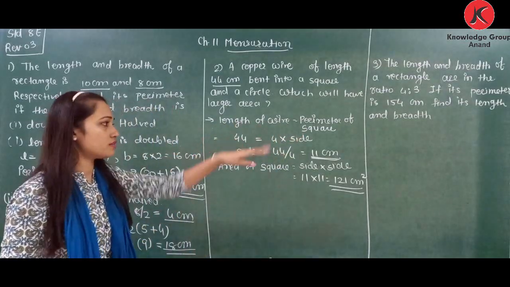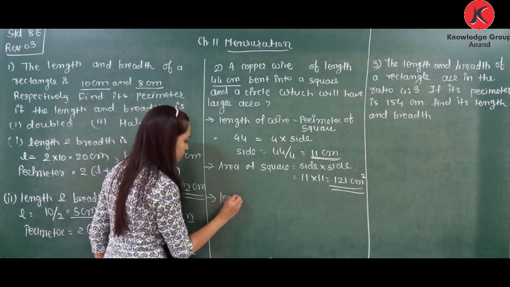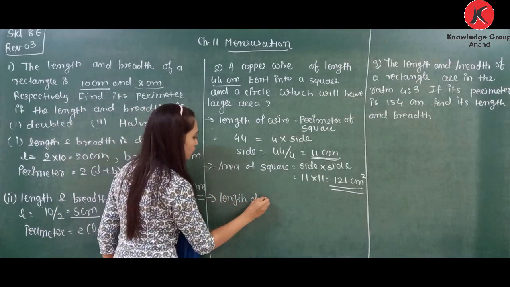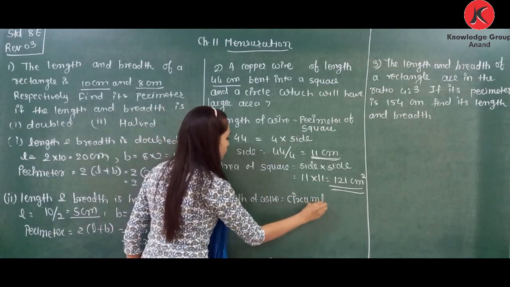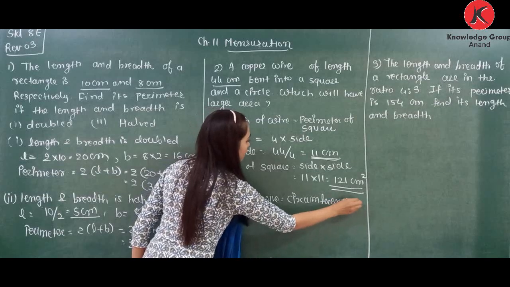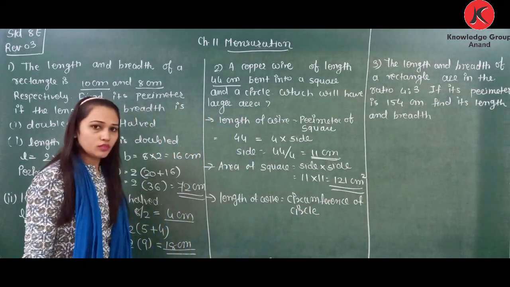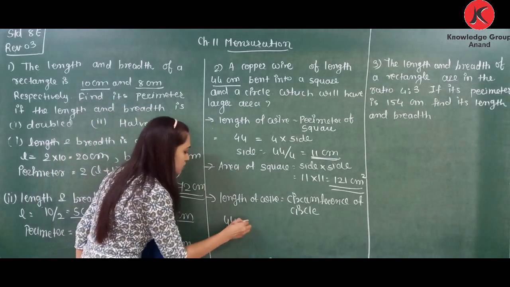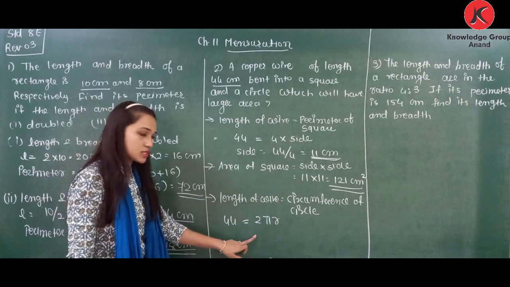Now next, the same length of wire is converted into a circle. So the length of wire is equal to the circumference of the circle. So 44 is equal to 2 pi r. That is the equation for the circumference of a circle.